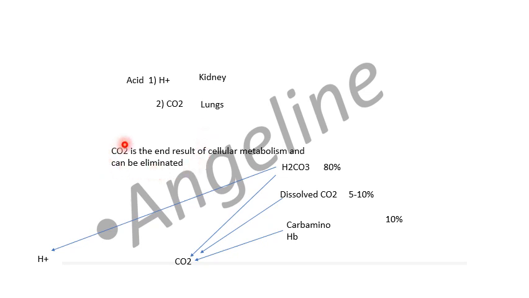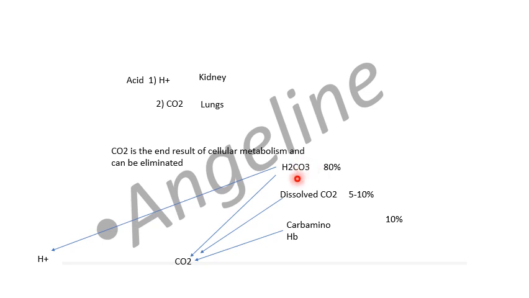Now, the CO2 is carried as bicarbonate. 80% is bicarbonate. Dissolved in the plasma is only 10%. Carbaminohemoglobin is again only 10%. So what can happen? This can break down into hydrogen ions. I will tell you about the carbonic anhydrase.